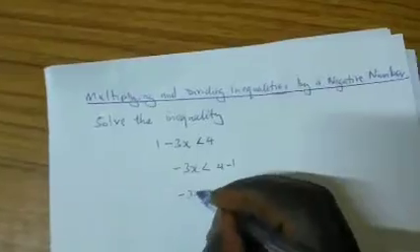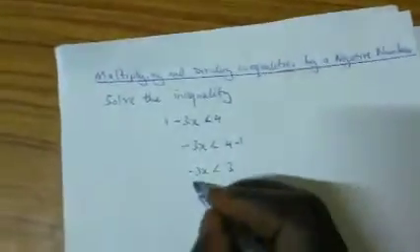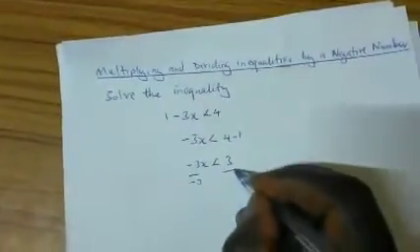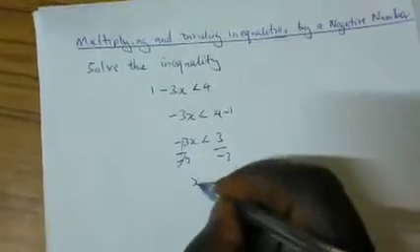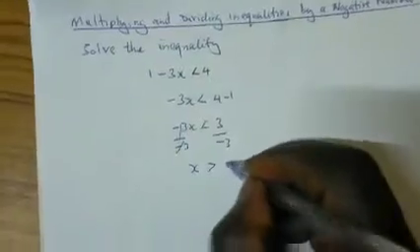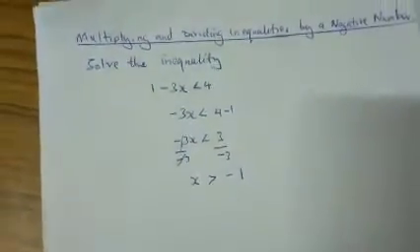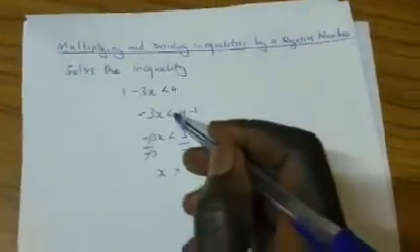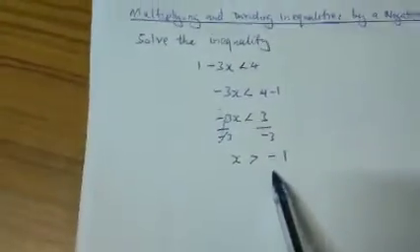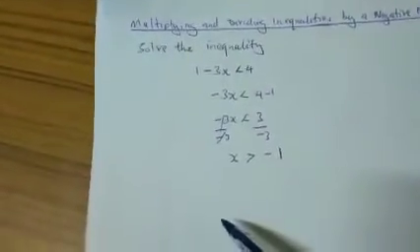So negative 3x is less than 3, and we divide both sides by negative 3. Therefore, the inequality sign will be reversed. So x is now greater than negative 1. So remember, every time you divide by a negative number, the inequality sign will be reversed. Therefore, x is now greater than negative 1.